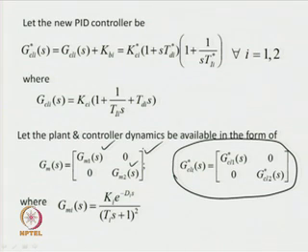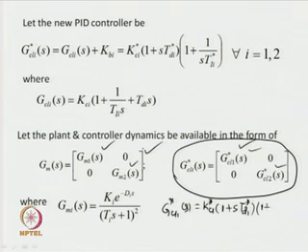Now, GCL star(s) has elements GCL1 star(s) and GCL2 star(s). GCL1 star(s) is nothing but KC1 star times (1 plus s TD1 star) times (1 plus 1 upon s TI1 star).